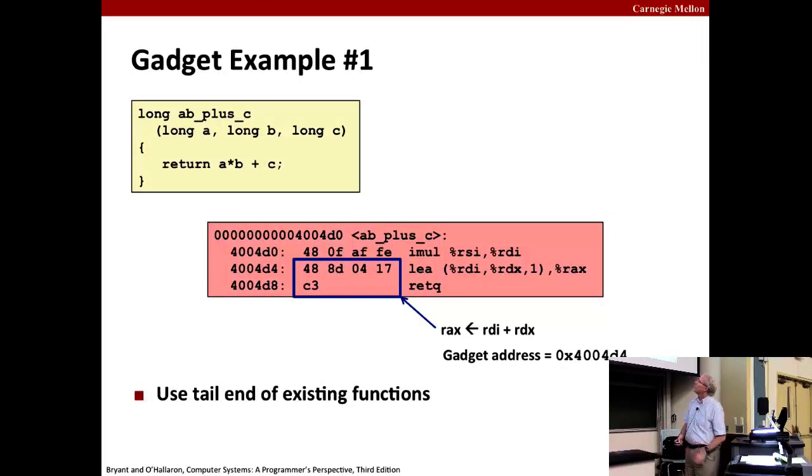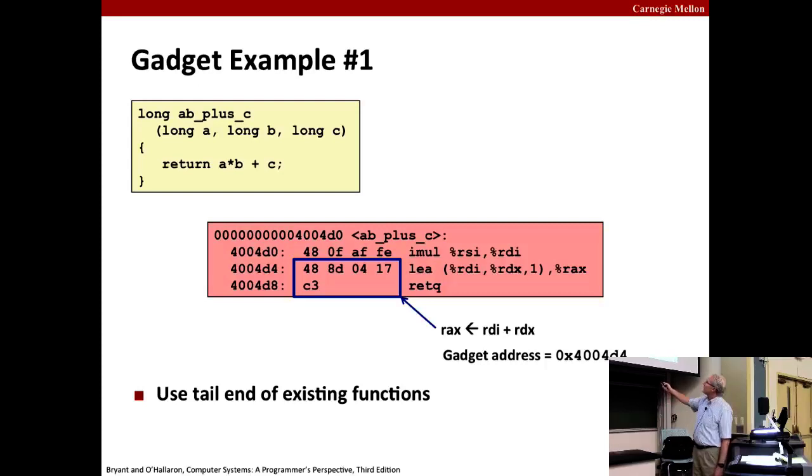And so as an example, the easy case is where there's some function and it implements some operation that I might find useful as an attacker to be able to do. So for example, this function is computing a times b plus c.